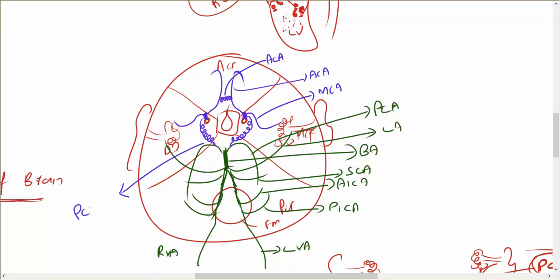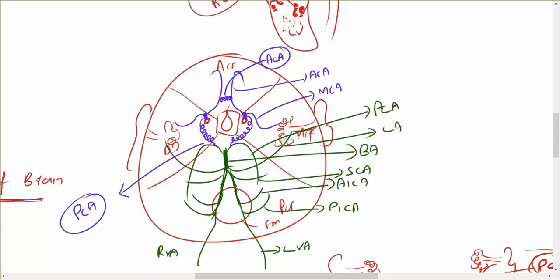Posterior communicating artery. So now we have two communicating arteries. The anterior communicating artery connects the right and left anterior circulation, whereas the posterior communicating artery connects the anterior and posterior circulation.